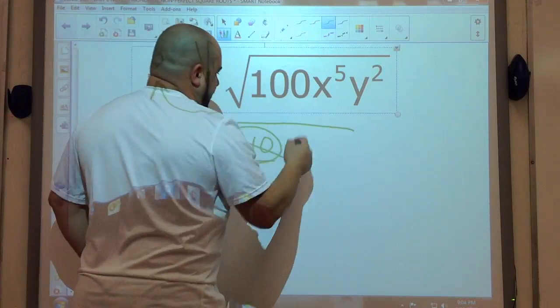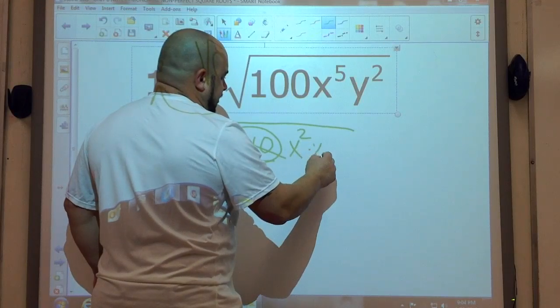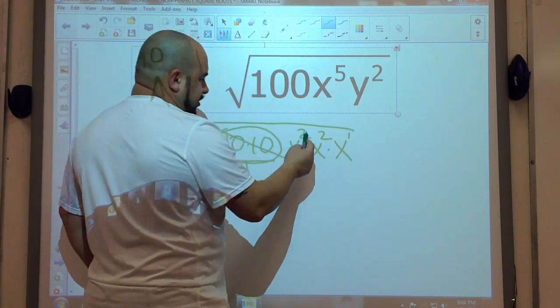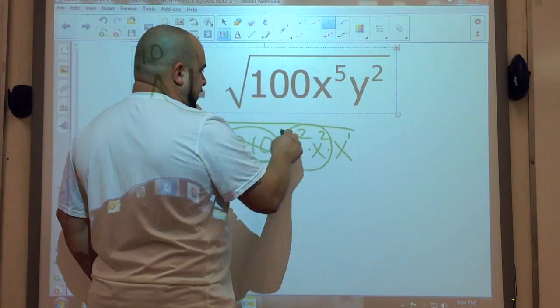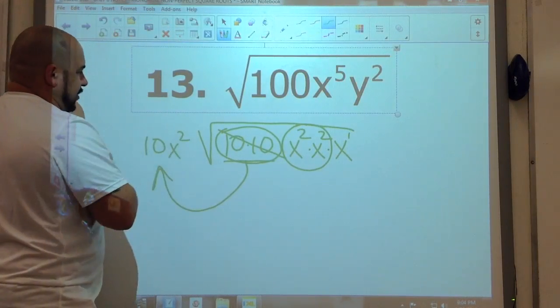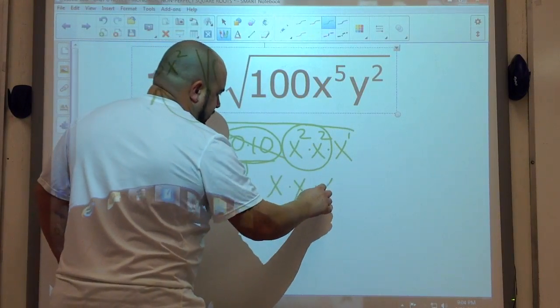Now let's look at the x's. And if you want to, you can do it like this. X to the 2nd, x to the 2nd, and 1 x. So I have 2 sets of x squares. So that's x squared. Now if you don't want to write it like this, that's okay. Just write it out.